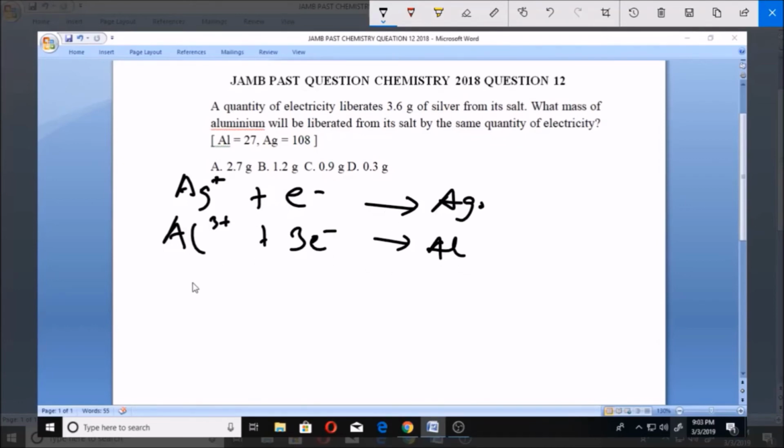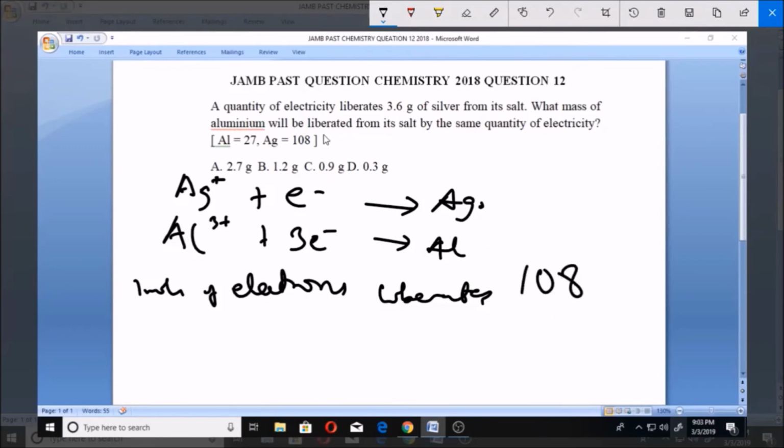So how do you go about solving this? For the first one, where we have silver, we have 1 mole of electrons. 1 mole of electrons liberates how many? It actually liberates 108 of silver. This is where we got the 108.